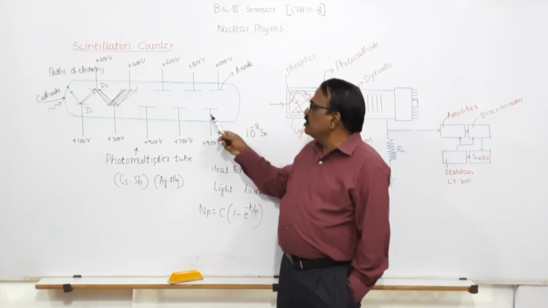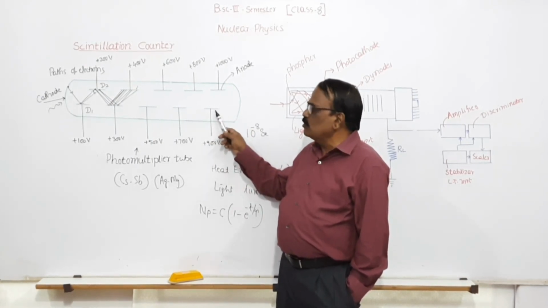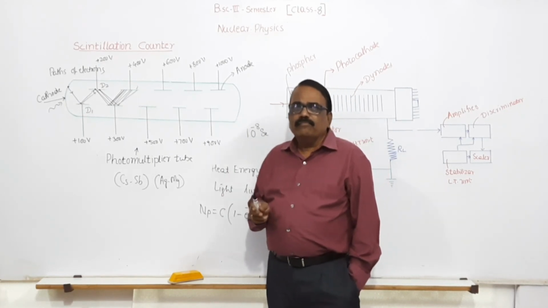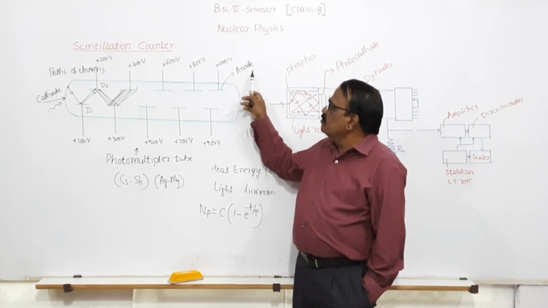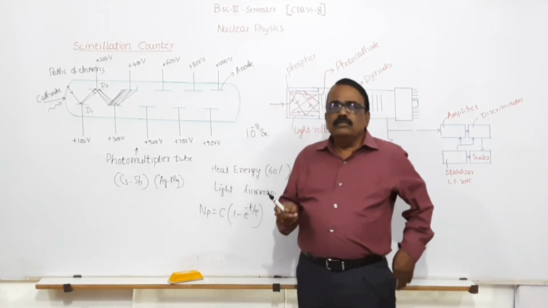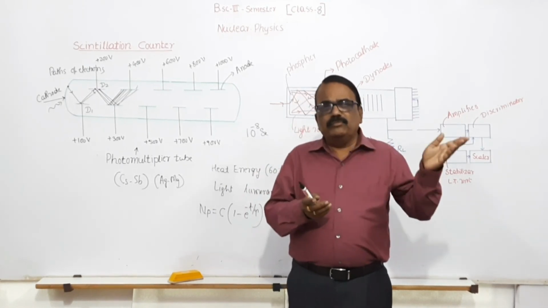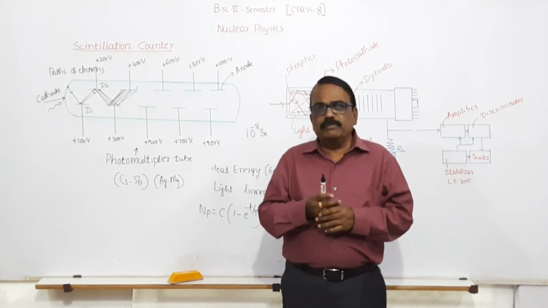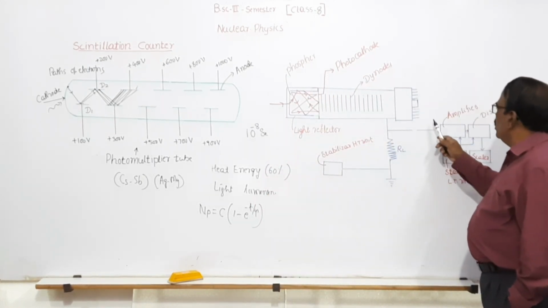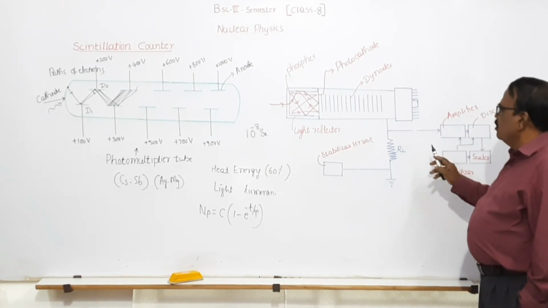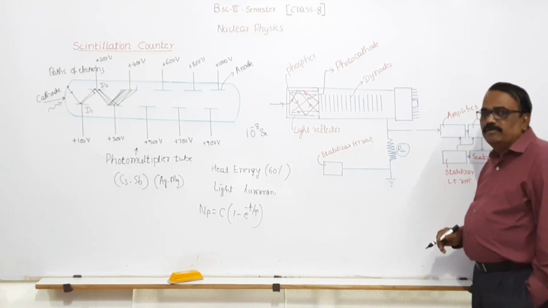And this last but one dynode collects all the electrons here. Then once it hits the last dynode, which is known as the anode, it increases the current pulse, that increases the voltage pulse, and the voltage pulse is recorded by an electronic circuit which appears across the load resistance RL.